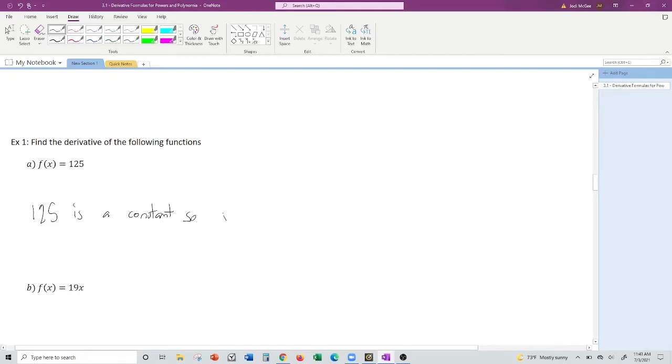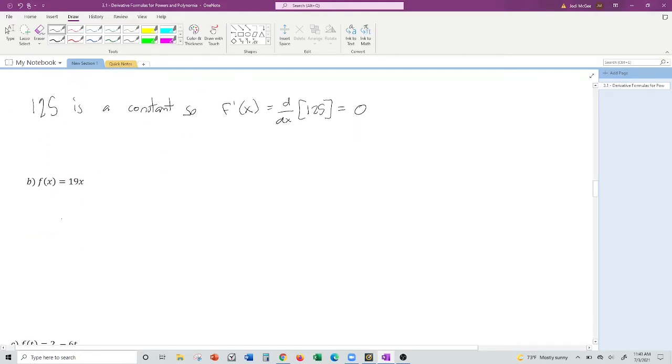So f prime of x, which is the derivative with respect to x of 125, but there is no x, alright? So this is just 0. The derivative of a constant is 0. Okay?